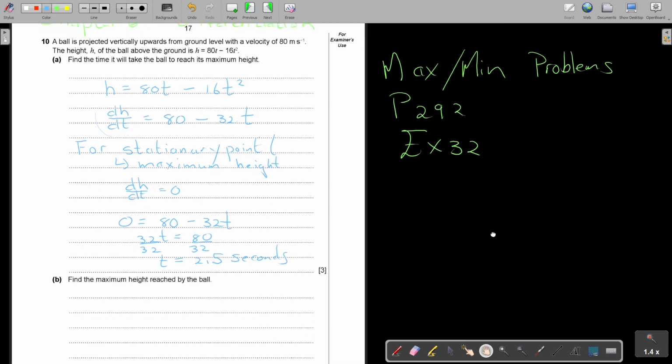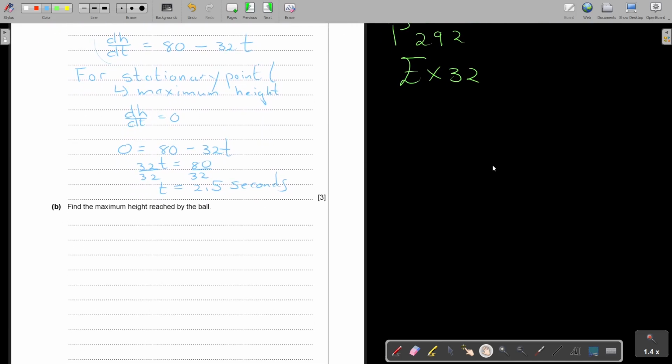And now number B, we will check the answers together. Find the maximum height reached by the ball. So substitute the t value, that's the value of A, into the original equation.